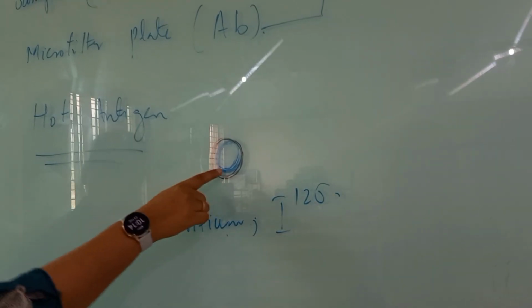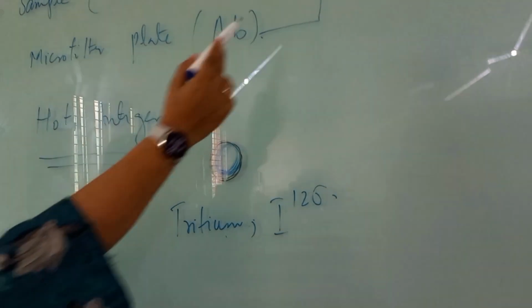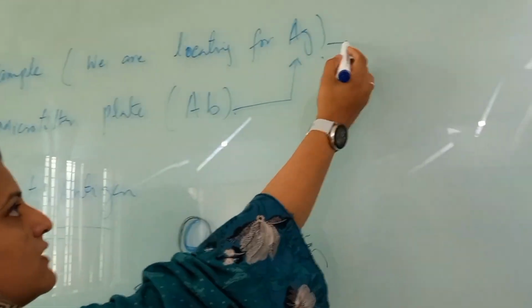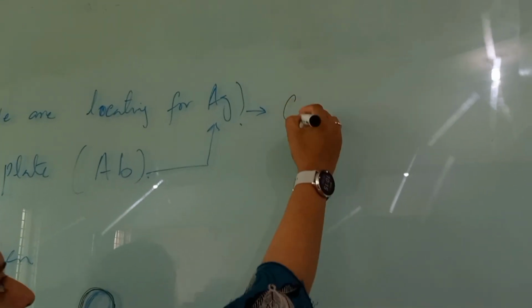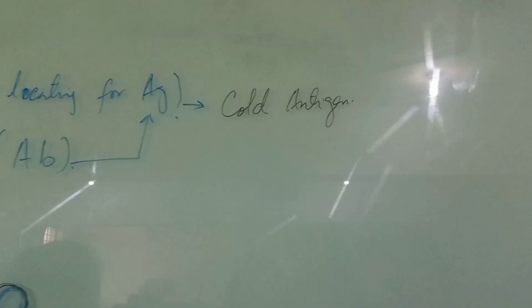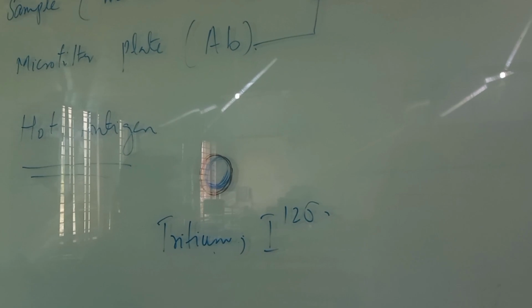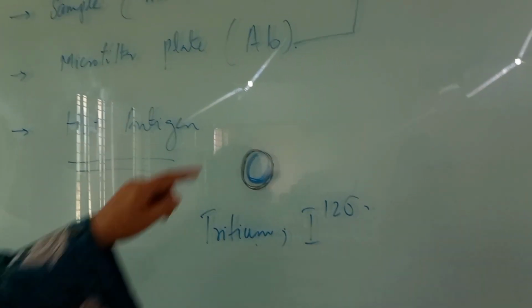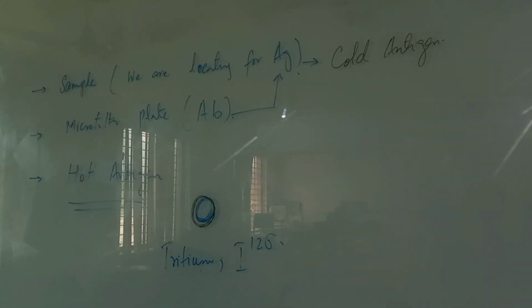When the antigen is coated with the radioactive material, it is called hot antigen, and the antigen that we are trying to locate in the sample is known as cold antigen. So actually we are trying to identify whether the antigen is present or not in the given sample.